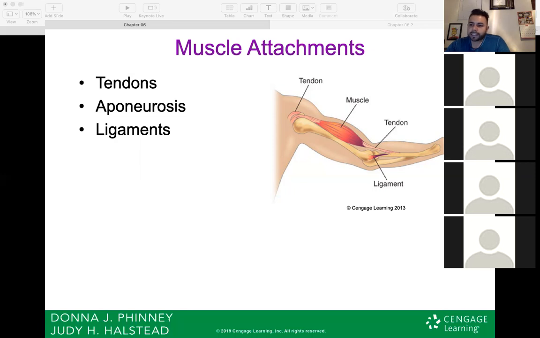Tendons attach in the form of a cord and attach the muscle to the bone. So that's sort of that in-between type of tissue. Aponeurosis is a broad flattened extension that attaches muscle to bone and muscle to muscle.